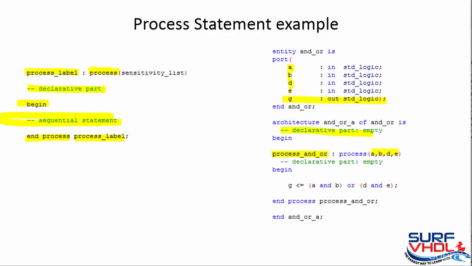The process drives the entity output port G. The driver concept is fundamental in VHDL. You shall deeply understand this concept, since it is the principal reason of error in the hardware implementation of a VHDL code.